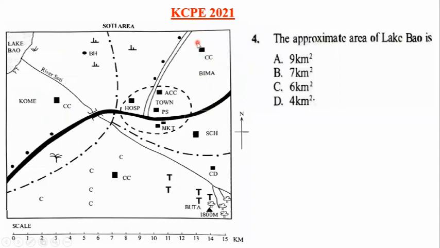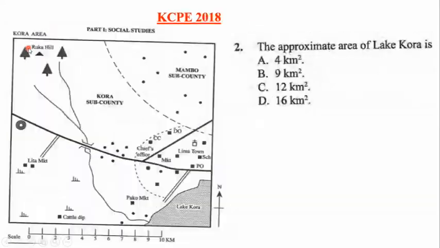The other question was set in KCPE 2021. So meaning in 2020, there was no question about that. The area here is Soti. The approximate area of Lake Bao is, so, Lake Bao, where is Lake Bao? It's like the other one we had seen, Lake Kora, you see?